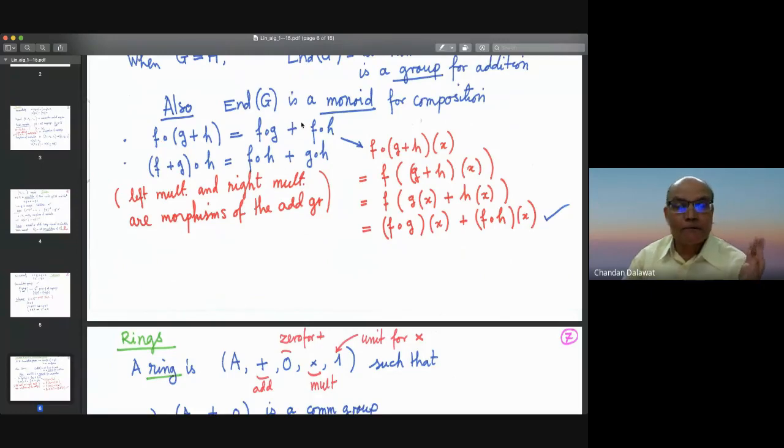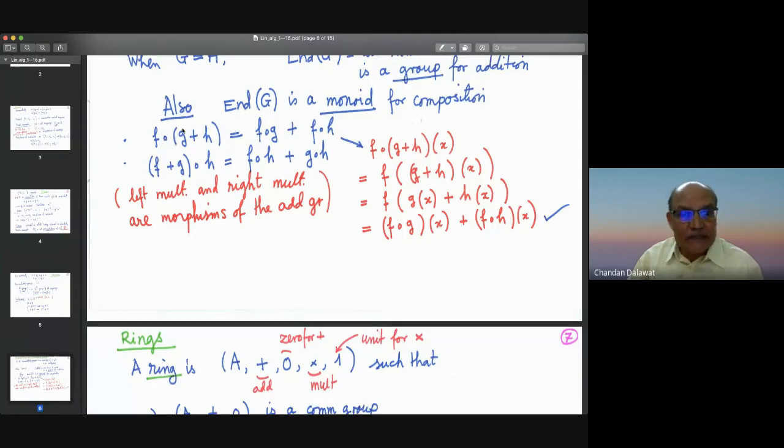So now this set End(G) has two laws of composition: addition, coming from the law of composition in the group G, and composition, which is just the composition of mappings of sets. And these two laws of composition are related to each other by these two identities.